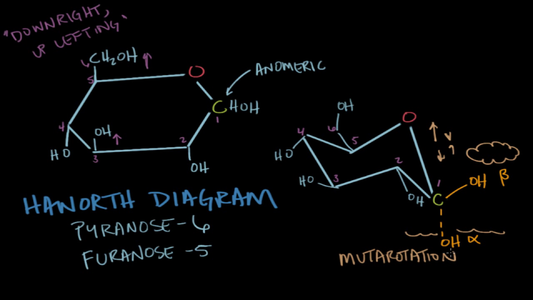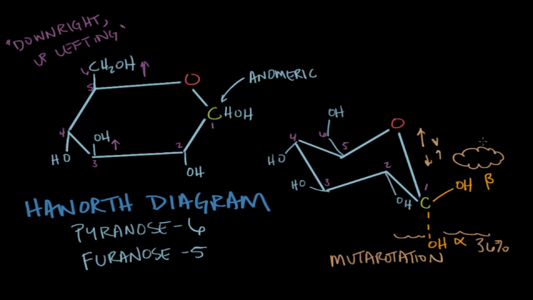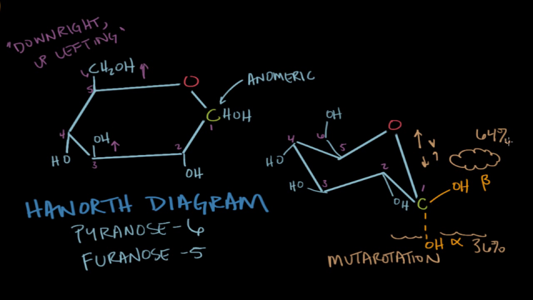So with mutarotation, the outcome is that we end up with both configurations, the beta and the alpha, in equilibrium concentration. For glucose, that's going to be about 36% alpha and about 64% beta. And the reason that the alpha configuration is less favored in equilibrium for glucose is because the trans positioning of the hydroxyl group creates some steric hindrance, but this is pretty individualized for different sugars.